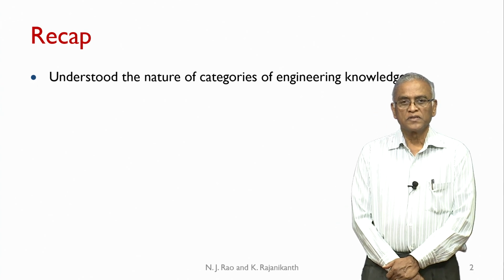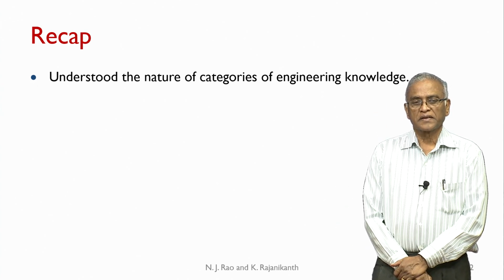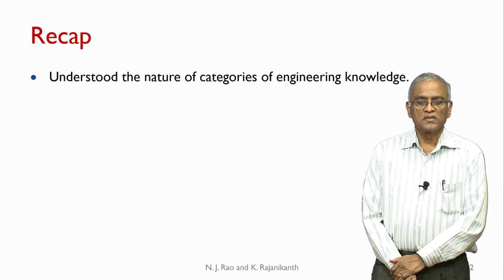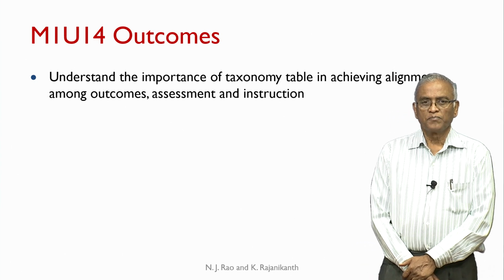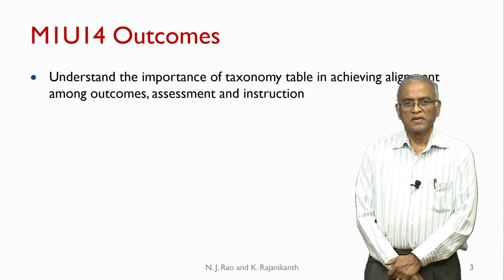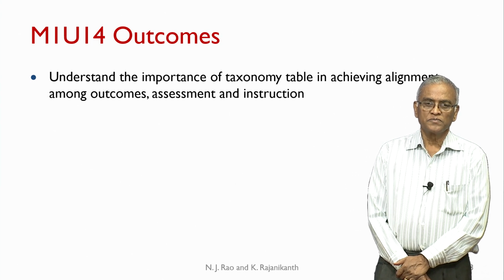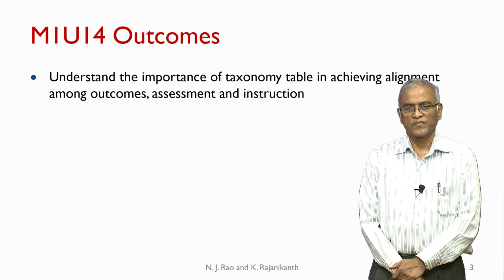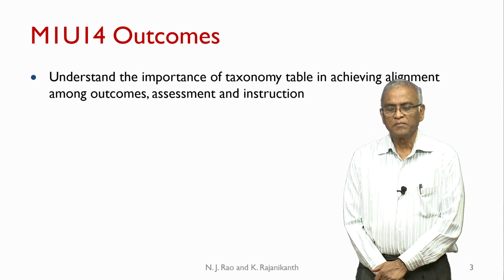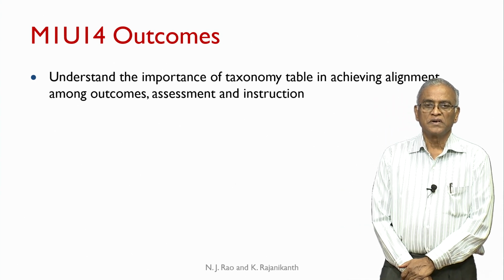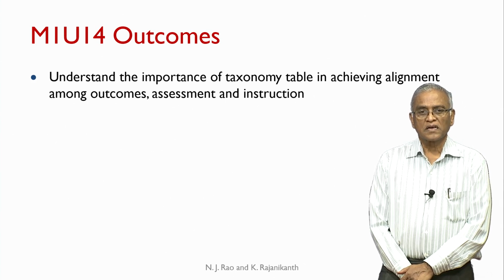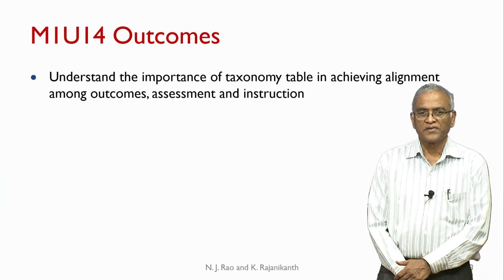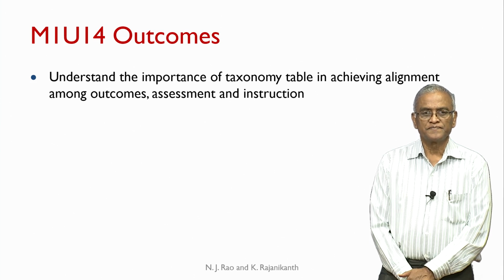We identified between the two 8 categories of knowledge, and in this unit we try to understand the importance of taxonomy table in achieving alignment among outcomes, assessment and instruction. As we mentioned already, alignment between these 3 elements in a course is very important, and taxonomy table provides a simple tool to address this issue of alignment.